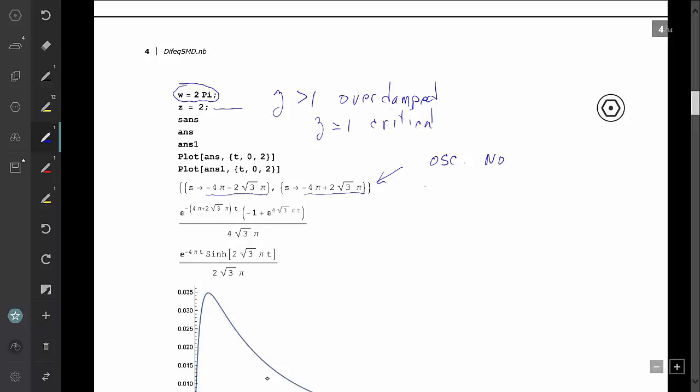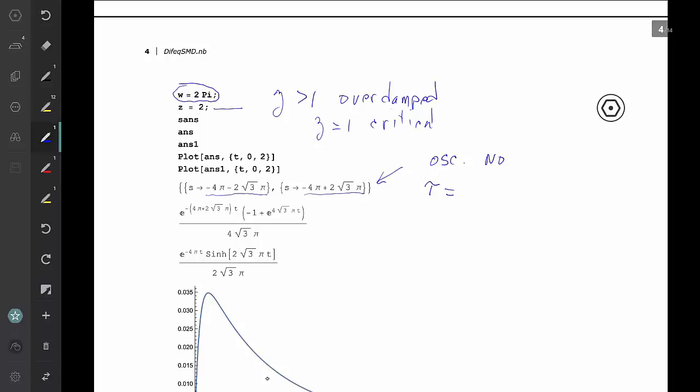What's the time constant? Well, in this case, there are two of them. It's going to be, let's see if I can find it. 4 pi minus 2 times the square root of 3 times pi.